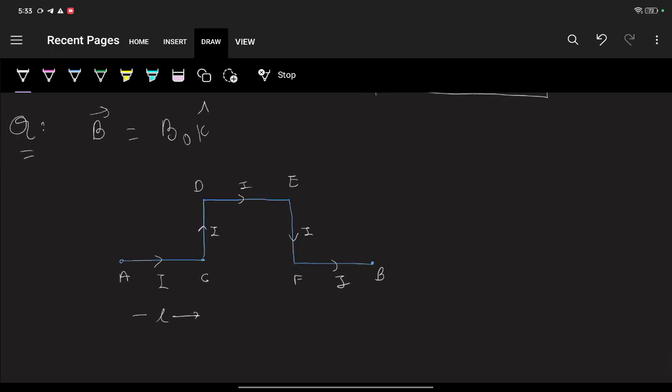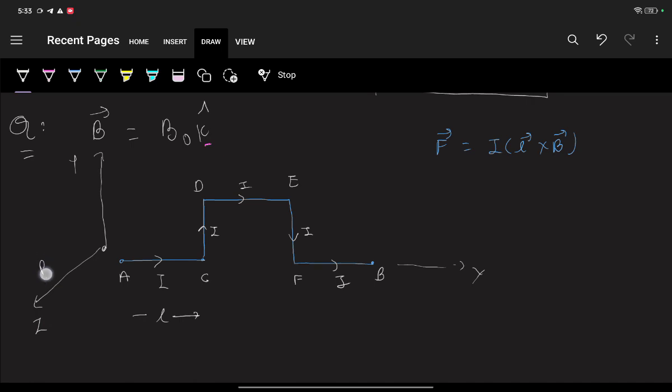Now we know that the magnetic force on a current carrying wire is given by I(L cross B). Now the magnetic field is in k cap direction. That means if this current is in the xy plane, the magnetic field would be in z direction.